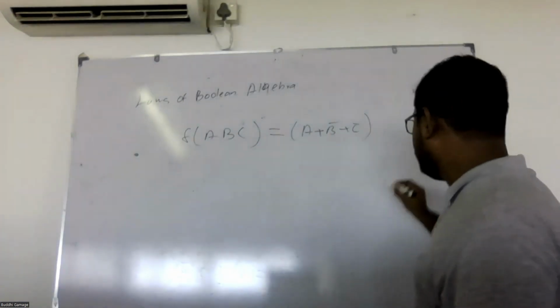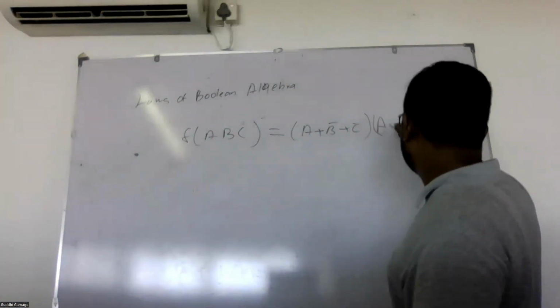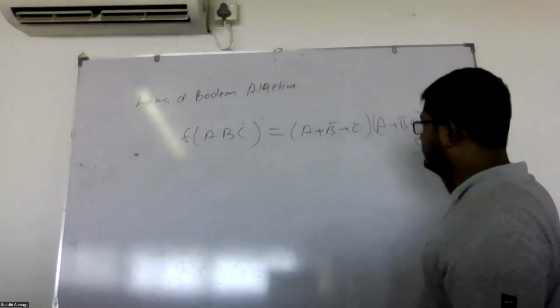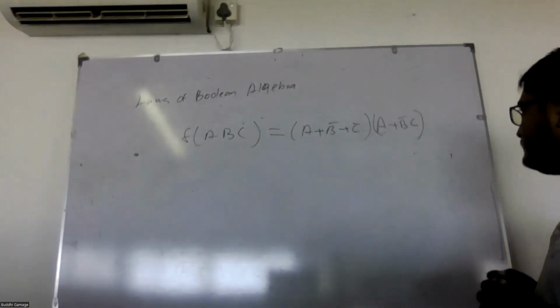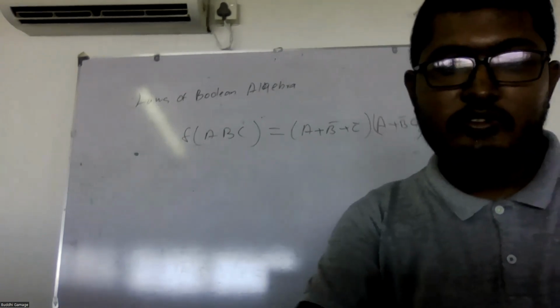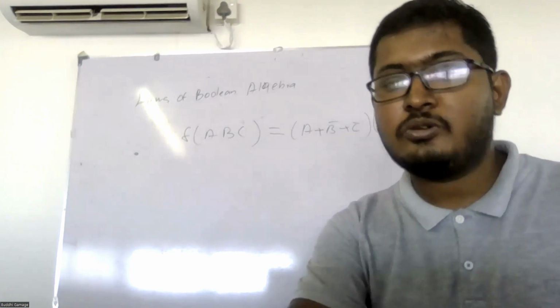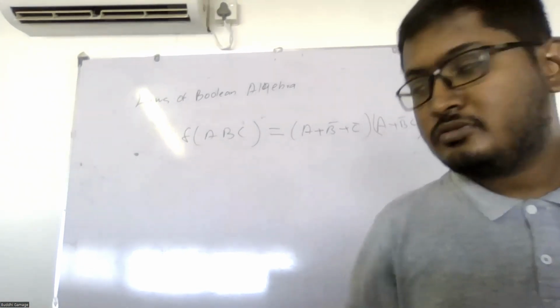into A plus B bar C. By using the given rules, so what are those? Commutative law, associative law, distributive law, identity law, De Morgan's law.